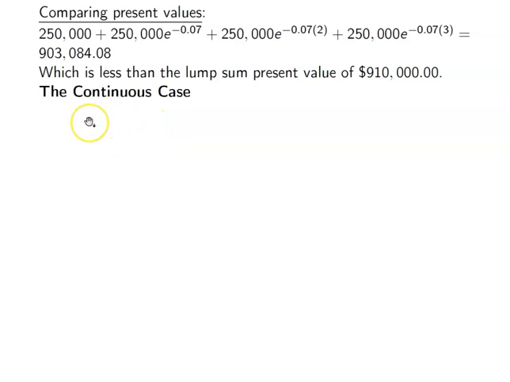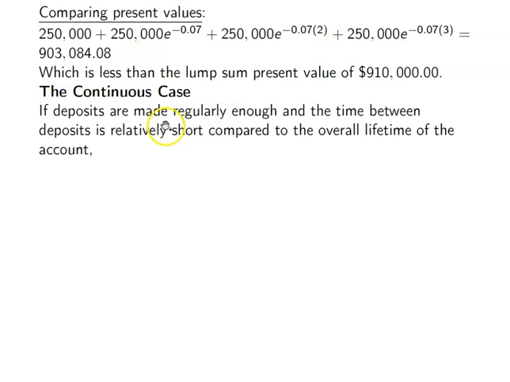Okay, so the continuous case, right? This is if I'm getting things paid off one at a time. Again, the continuous case is what happens if we're making money all the time.